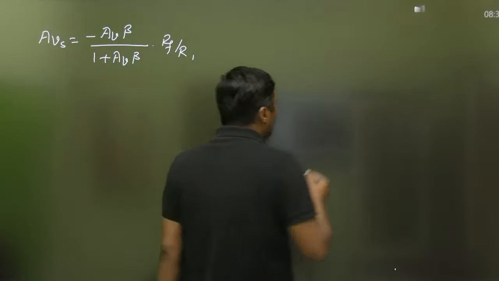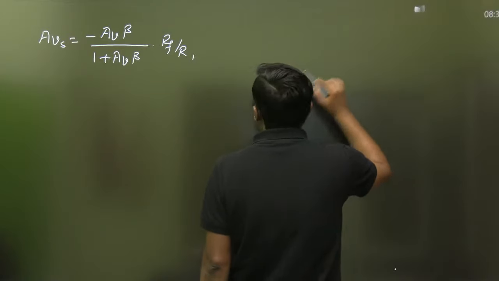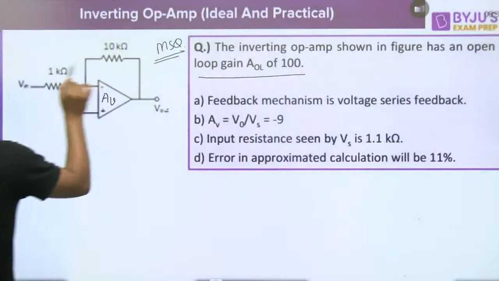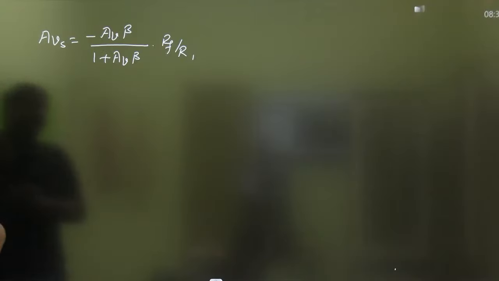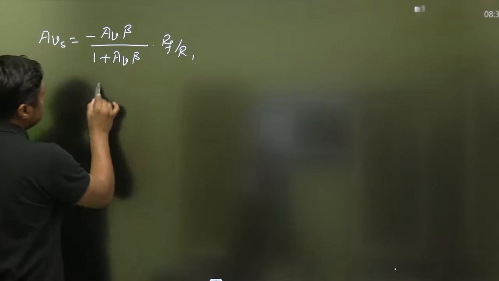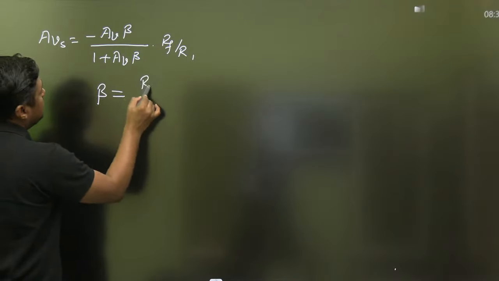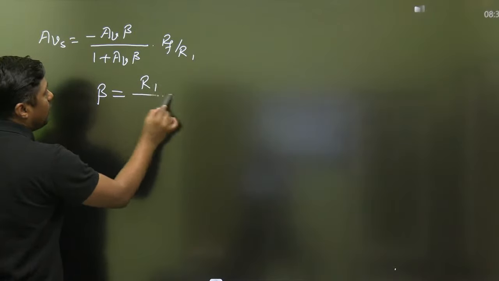Remember that RF by R1: this is the RF, this is the R1, 10 kilo ohm and 1 kilo ohm. And beta is given by R1 upon R1 plus RF.